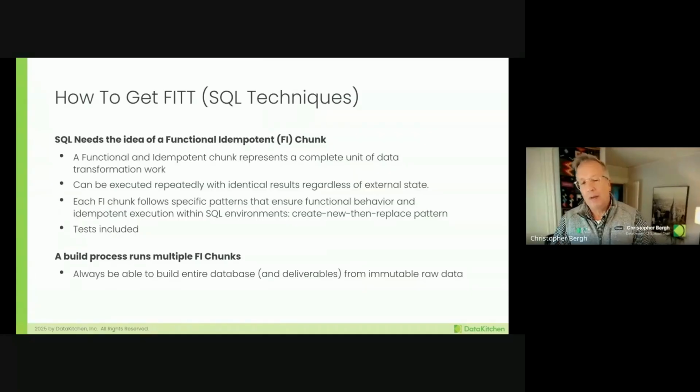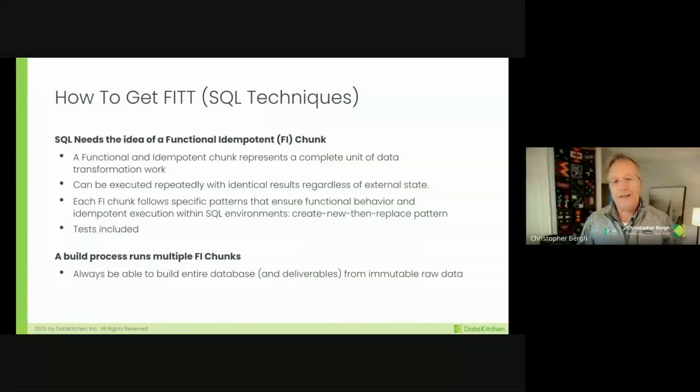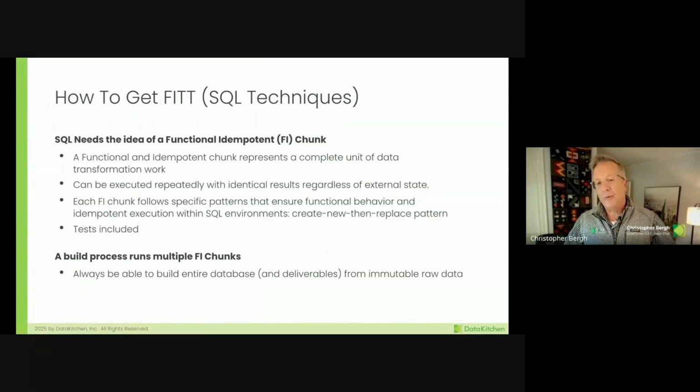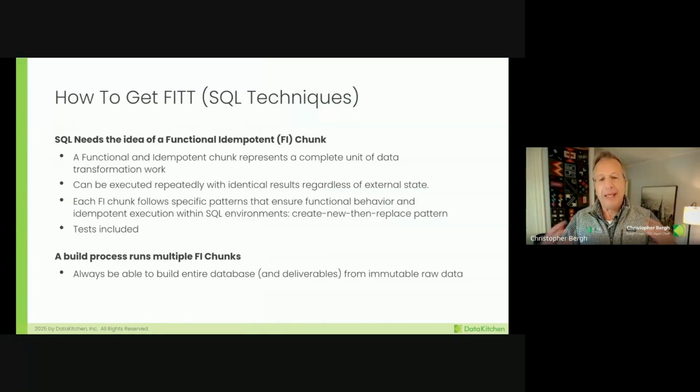So the way that we think of it is that it needs an idea of a functional idempotent chunk, for lack of a better word. Think of it as a unit of transformation work. And that work can be executed repeatedly with the same results, regardless of external state.